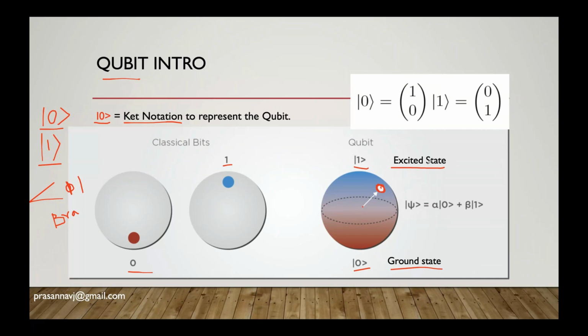If it reaches the 0 ket, it is called the ground state. Between these two, in the sphere, the value can be anything.